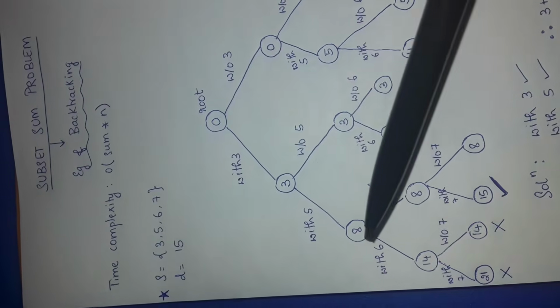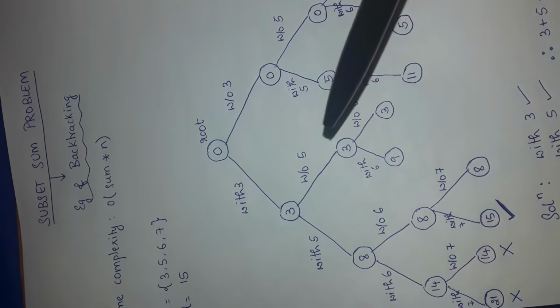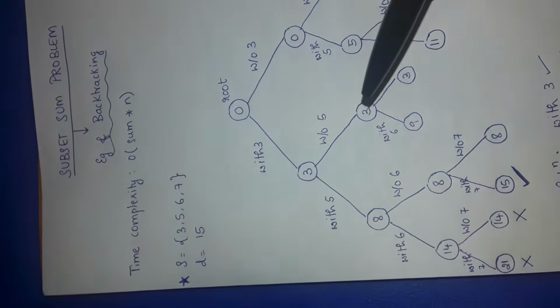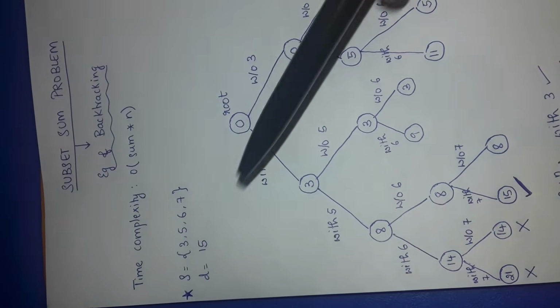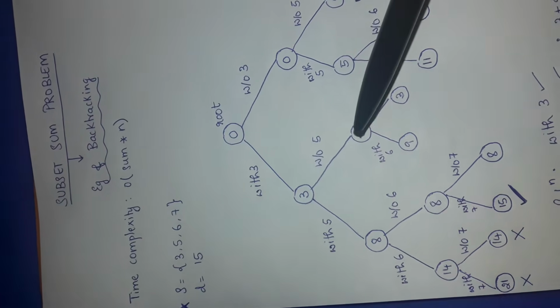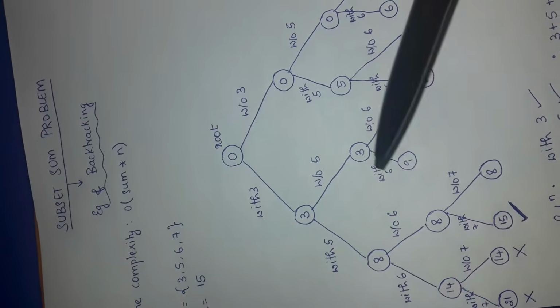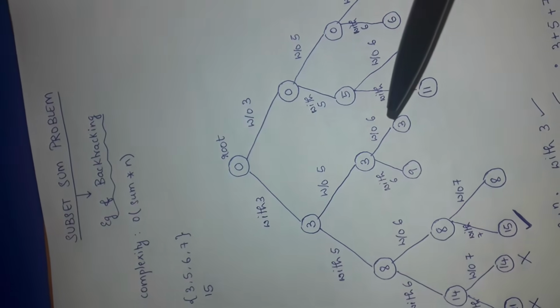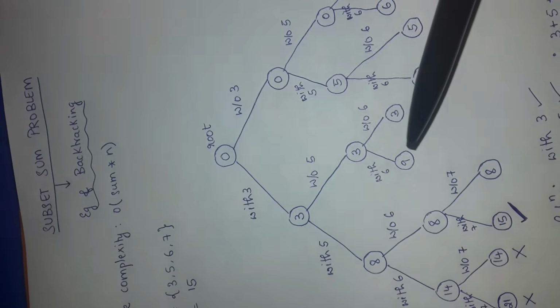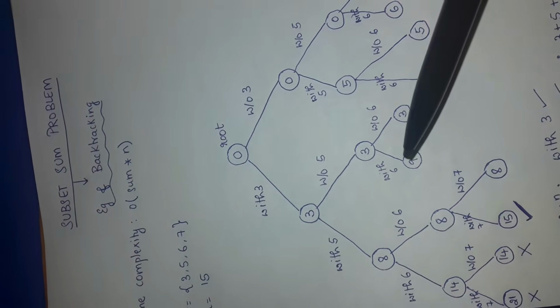Now you just backtrack and you will have to complete this path. Without 5 you had done it as 3. Now with 3, and 5 is over in this part. So now you choose 6. With 6, without 6. With 6 will give you 9, that is 3 plus 6. Without 6 will give you just 3 only. I have not expanded it further with 7 and without 7.